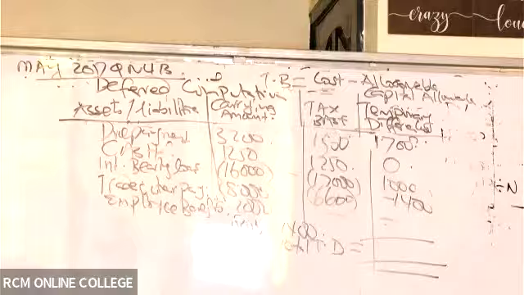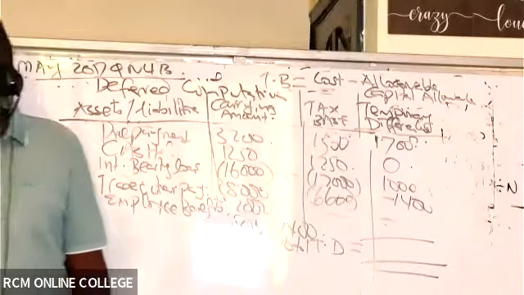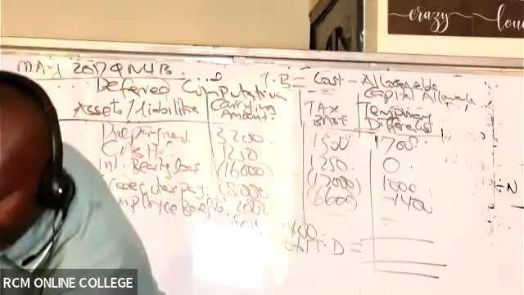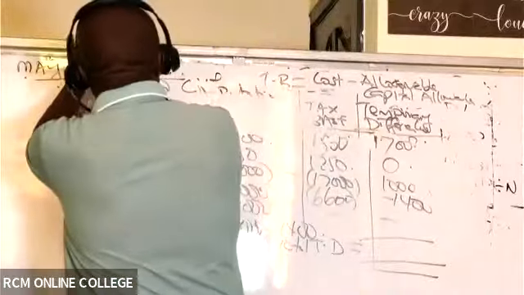According to Nancy J, she's telling me that the total TD is 10,650. So Nancy has been able to get that 10,650. How about the other students? Positive Longoli, 10,650. Positive, yes.